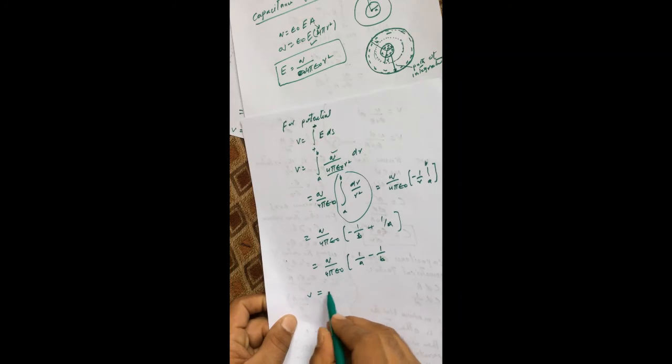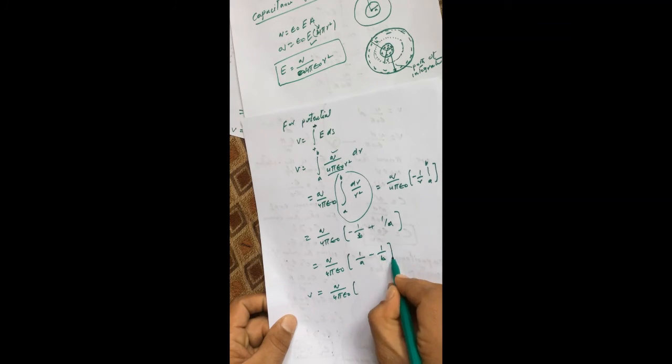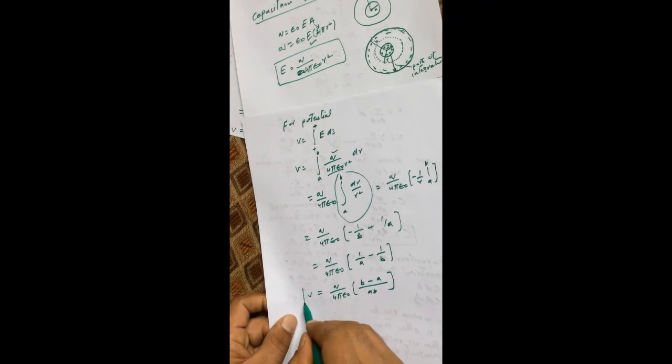So the potential will be equal to Q over 4 pi epsilon naught, and if I take the LCM, it is AB, then here we have B minus A. This is the potential.